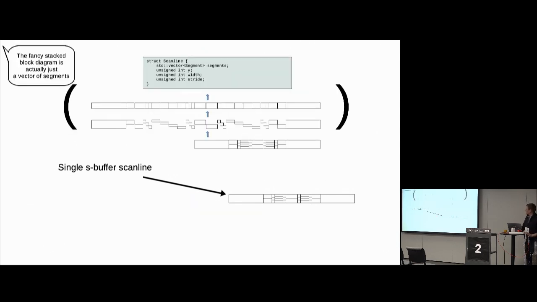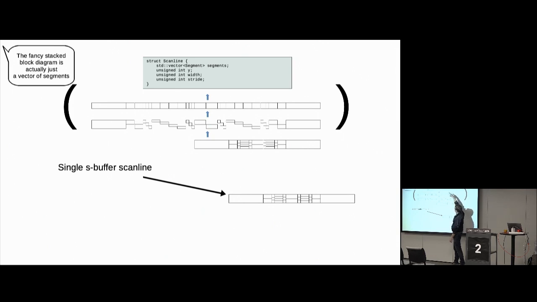It is a block diagram, but if you stretch that out, if you do a walk like this, then you can see that this block diagram can be represented in this way, where you have no overlapping. Now you can walk the scan line from left to right and draw things in the right order, and you'll get the same result.